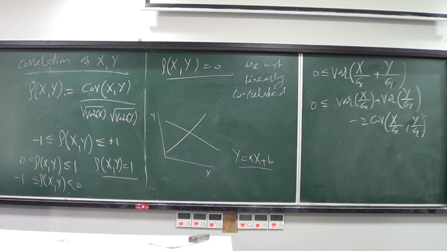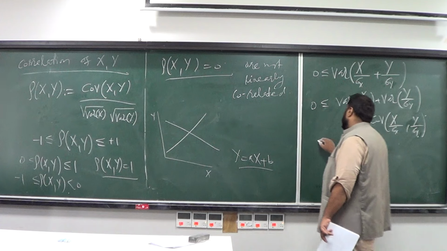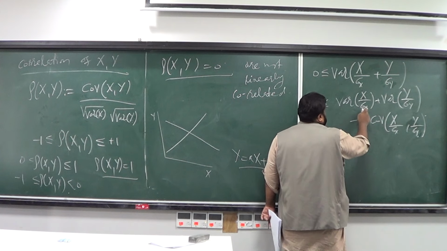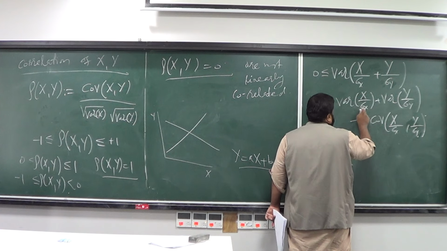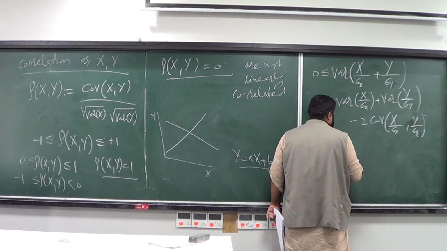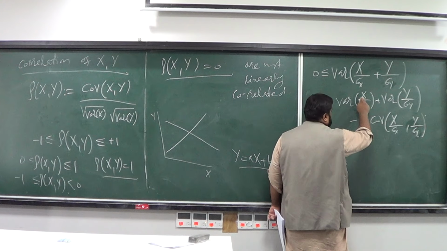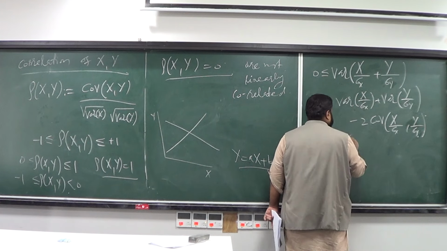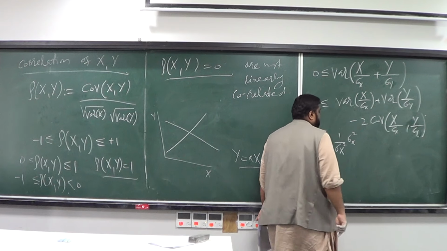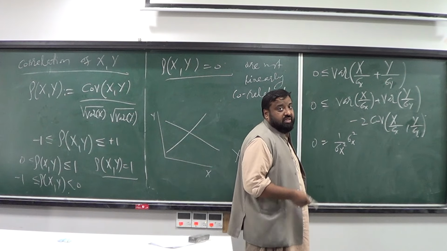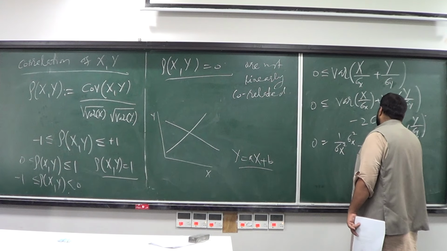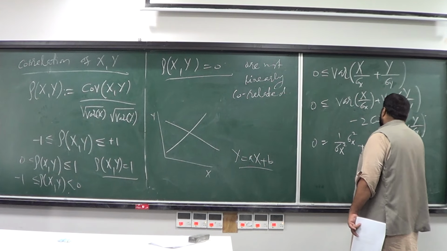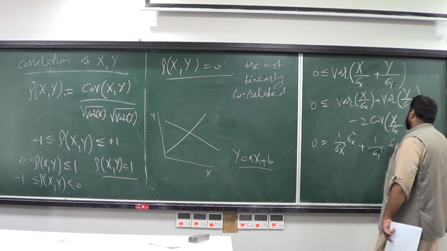I don't know whether they are independent or not, so you have to add this covariance. Sigma x is like a number, you can pull it out, so it's going to be 1 over sigma x square times the variance of x, and the variance of x is also sigma x square. So it's going to be sigma x square over sigma x square plus 1 over sigma y square times the variance of y, which is again sigma y square.